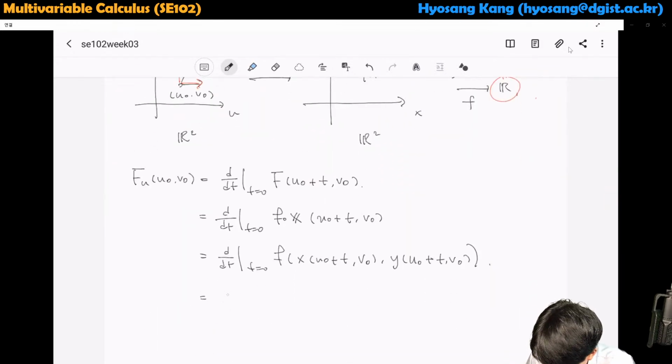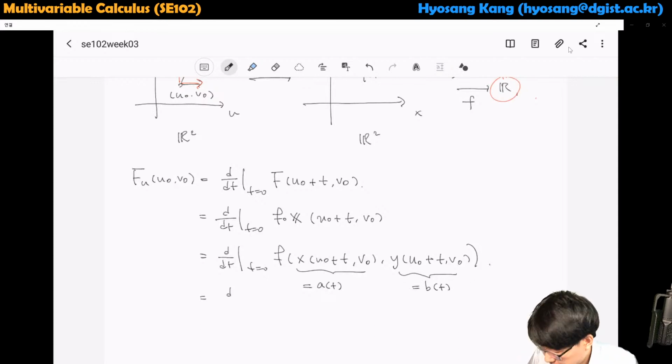So let's think about it this way. I'm going to give a different name for these parts. Let's say this will be denoted by a(t), and this will be denoted by b(t).